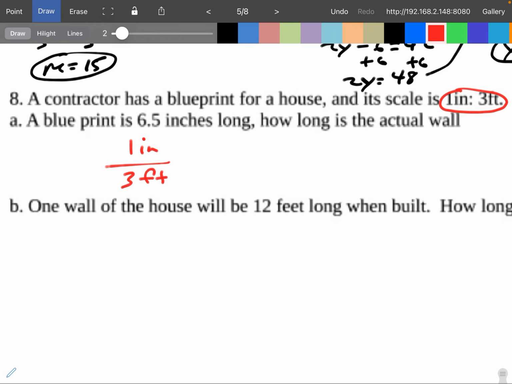That means we've got 1 inch on the plan is the same thing as 3 feet in the house. So again, that's from the blueprint, and this is in the actual house.